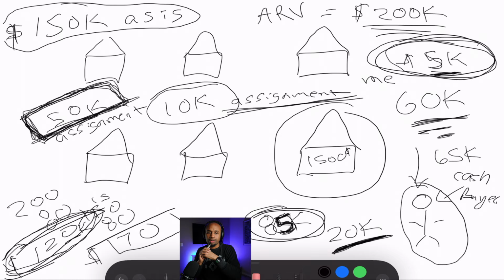So when you get to my level, you understand that if you had the choice between making 50K in the next 30 to 45 days and making 10K today, making 10K today is the best deal. That's the best deal.